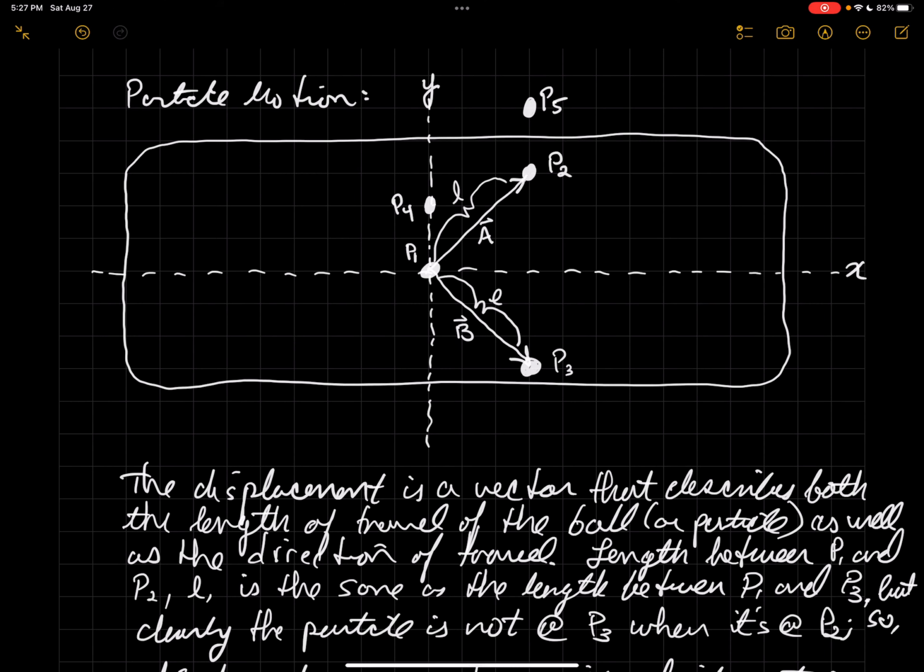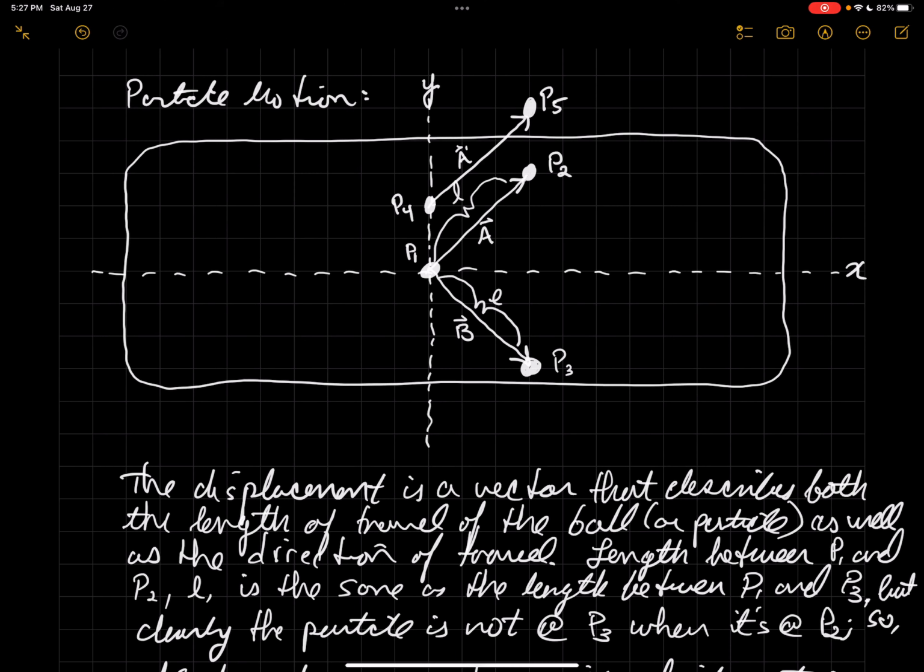So clearly, the vector between P4 and P5, which we're going to define as vector A prime, clearly has the same length as vector A, but it also has the same direction as vector A, even though it's going between two entirely different points on the same plane.